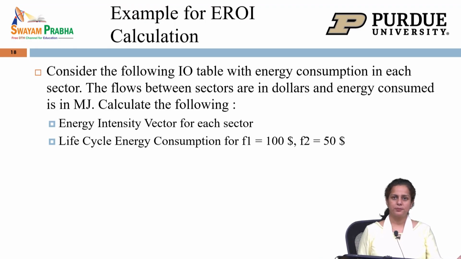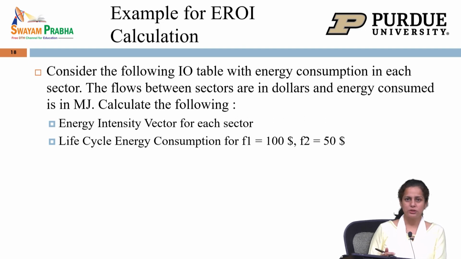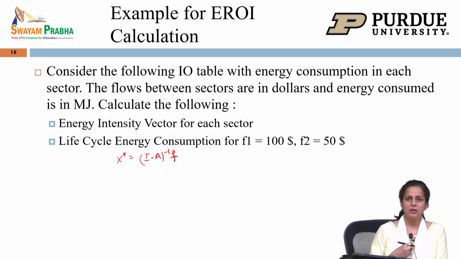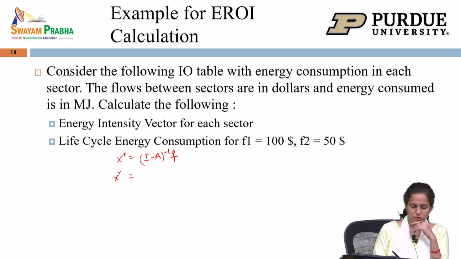I have purposely selected the same final demand that we have used earlier. If you remember, we have done this calculation as x star equal to (I minus A) inverse F. That was the Leontief calculation. So, when you have to do a life cycle calculation using an input output model, you use the Leontief model. If you do that calculation, you will get back our values of $239 and $175.